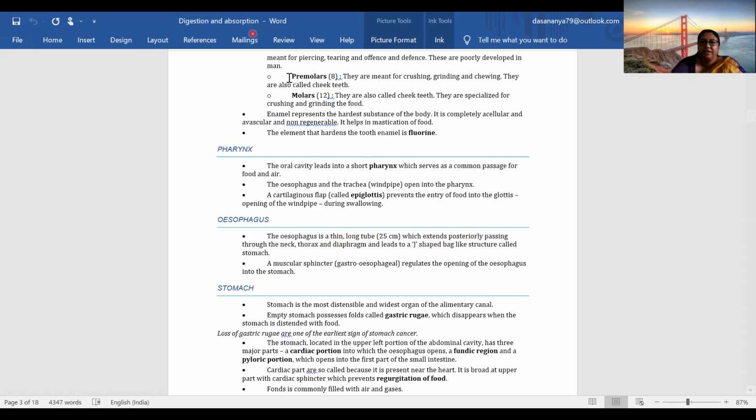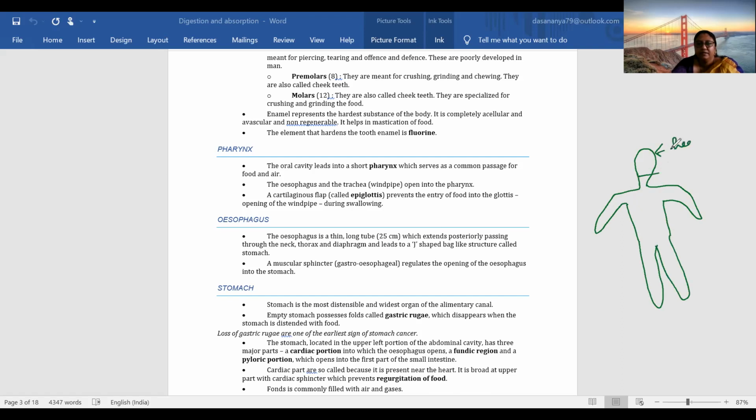What is the diaphragm? Let me tell you. In our body, I must show this to you because these are terminologies we are going to use. I am drawing a very bad human body, but the idea is not to draw well. The idea is to make you understand in a good way. So this part is the head.